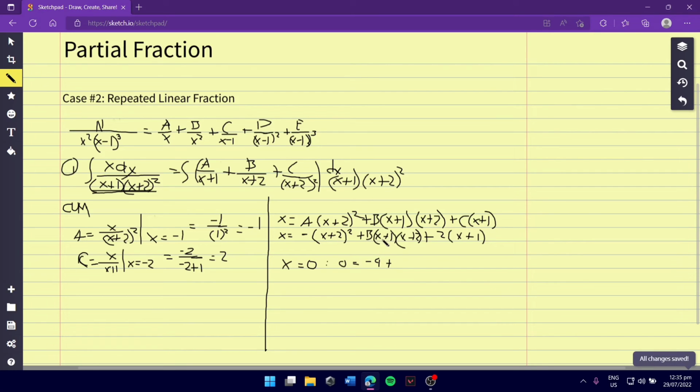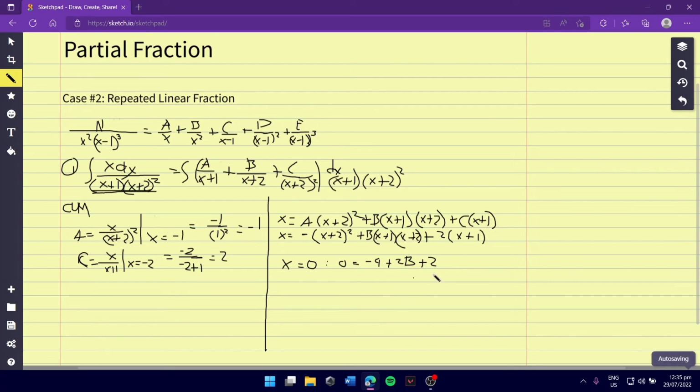Since this is x, this will become 1. And then x plus 2 is 0 plus 2, which is 2. And 2 times 1 is 2, so this will become 2B. Next, 0 plus 1 is 1, then multiply it by 2. This will become 2.